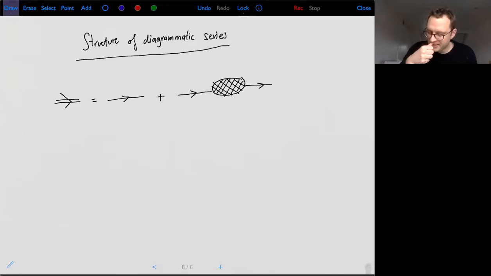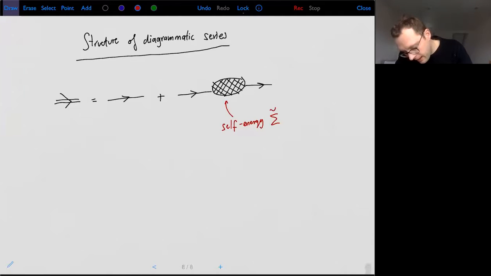And basically, this object that I defined here is called the self-energy, and it contains all the information about interactions. We can represent this self-energy, let's call it sigma tilde, diagrammatically.